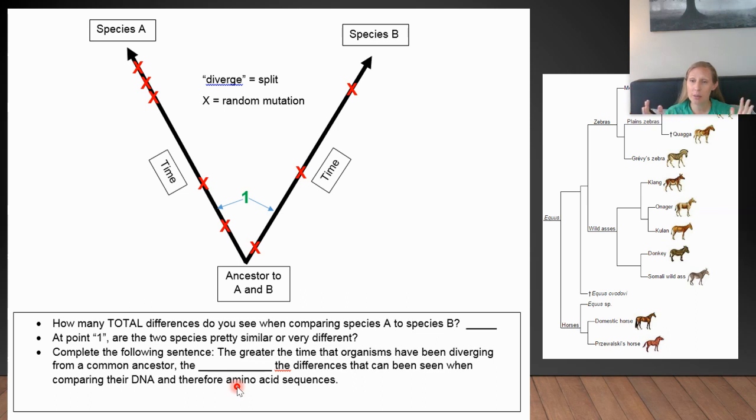The more time that they diverge, more differences or less differences? More differences. The greater the number of differences that you would be able to see between the two of them.